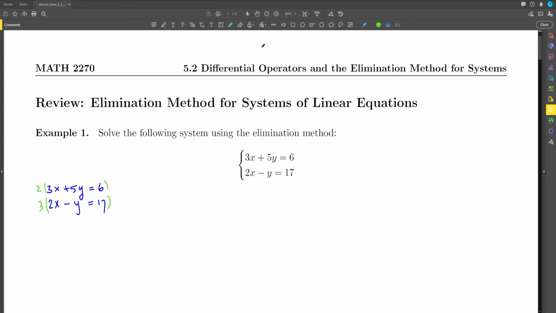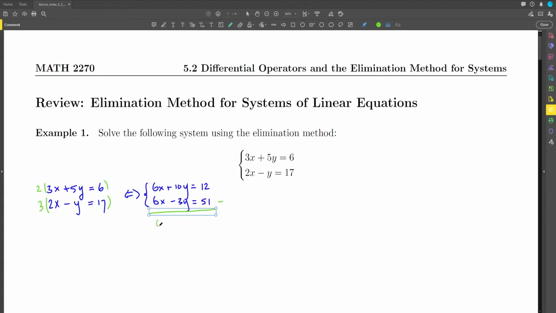Now, that will then be equal to 6x plus 10y equals 12. And then we have 6x minus 3y equals 51. And now what we can do is we can subtract these two equations from each other, and the 6x and the 6x cancel out.